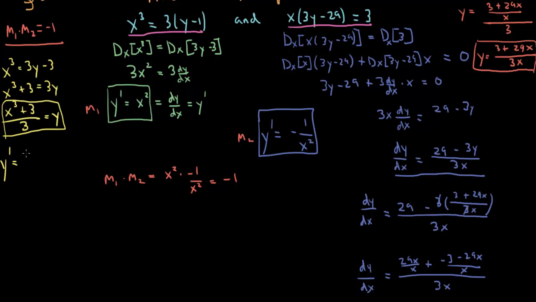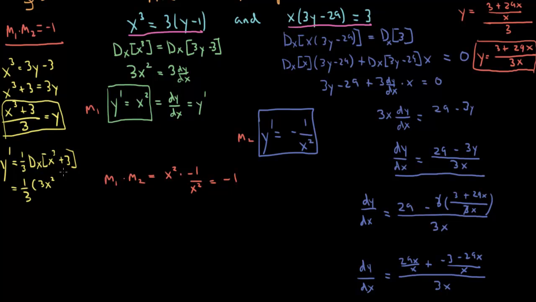We could factor out that 3 on the bottom. We could say this is 1/3 times the derivative of x cubed plus 3. Now what's the derivative of x cubed? Well, that's just 3x squared.